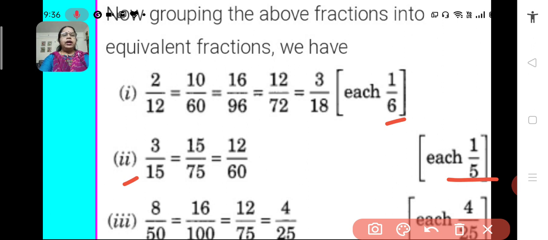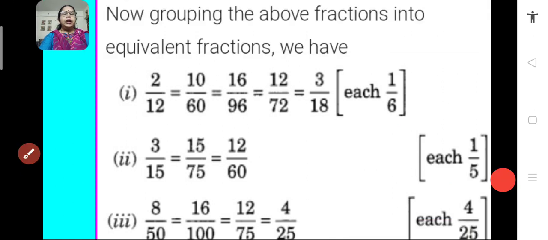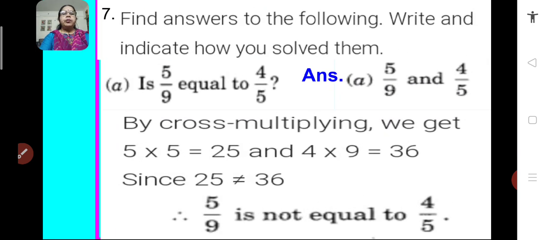And the third one, 8 upon 50 and 16 upon 100 is equal to 12 upon 75 is equal to 4 upon 25. All the 4 fractions are equivalent, they are equal because each represents 4 upon 25 in its simplest form.